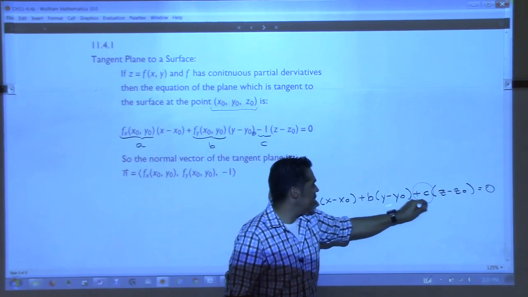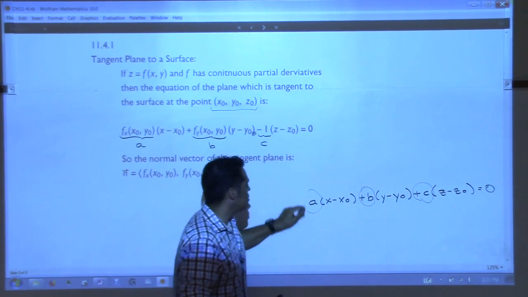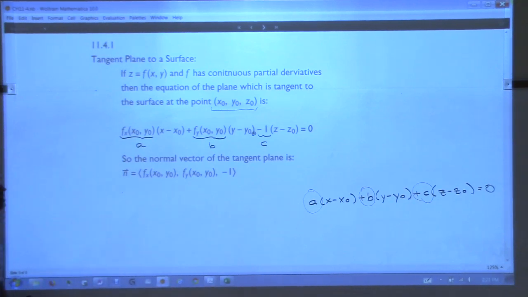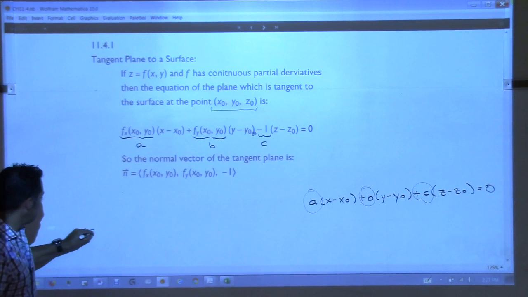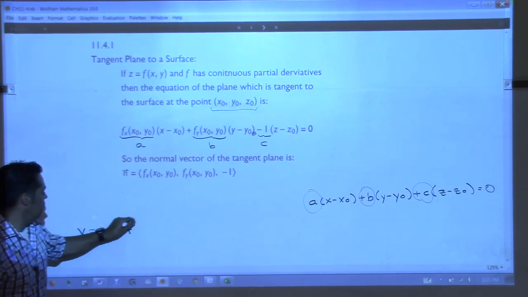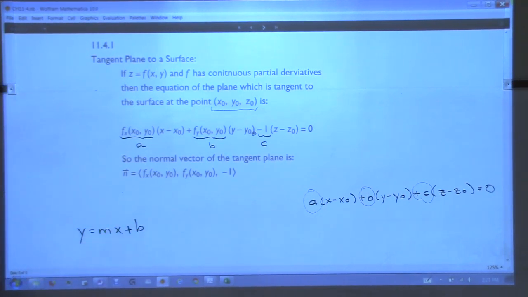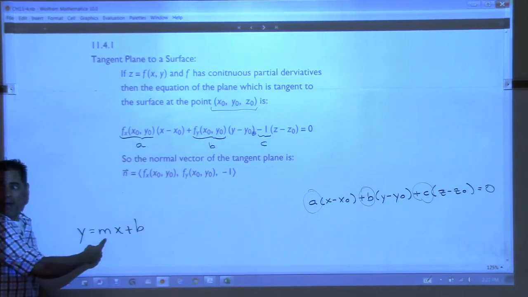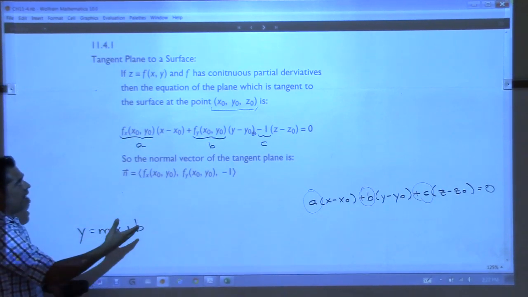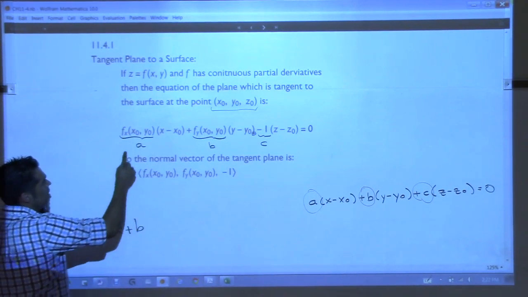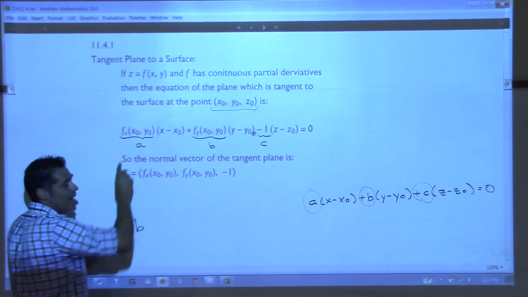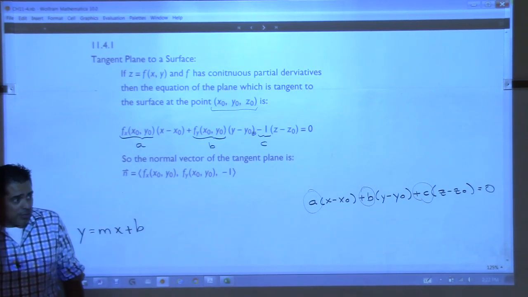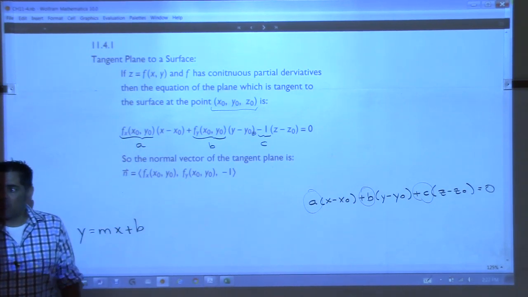But to figure out these coefficients, you're actually going to just use the partial derivatives. So remember, even in the equation of a line, when we talked about tangent lines, this m was the slope, right? We would say the slope of the tangent line, which is the derivative at that point. All this is saying is that if you take the partial with respect to x, which is pointing in that direction, then we have a slope in that direction.